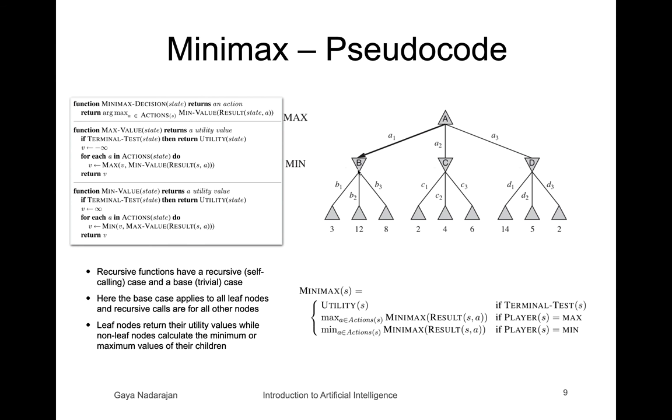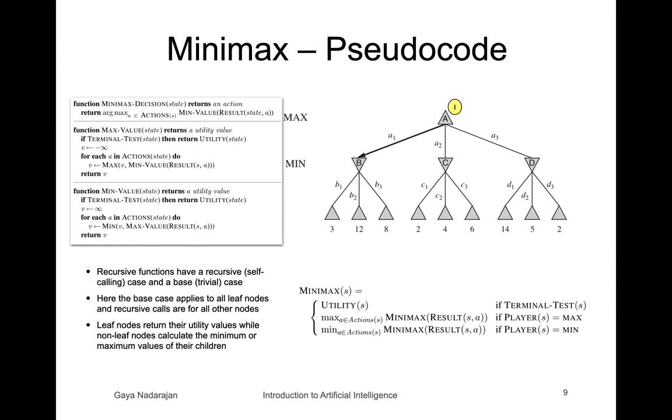The children themselves will have to run minimax on their children. And the children of A happen to be Min, all nodes belonging to Min. So if the player at that particular location is Min, then Min is going to take the minimum of all the results of the actions applied from that node. Let's see how this works.